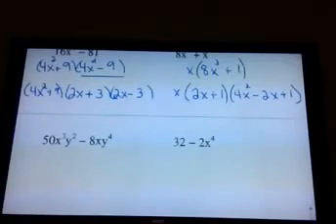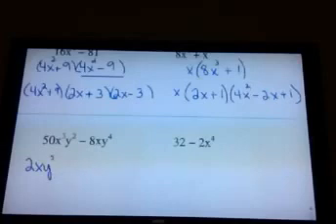Okay, my next one. Do I have a common factor? Why, yes I do. I can take out a 2, common to both 50 and 8. They both have x's. One has x to the third, the other x, so I take out an x. And y is common, 1 with y squared, 1 with y to the fourth, so y squared is common.